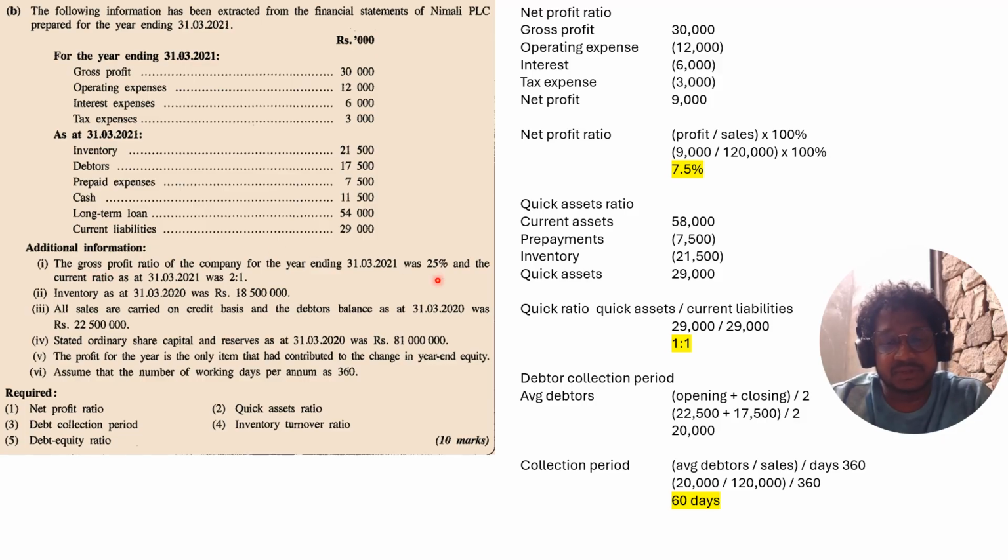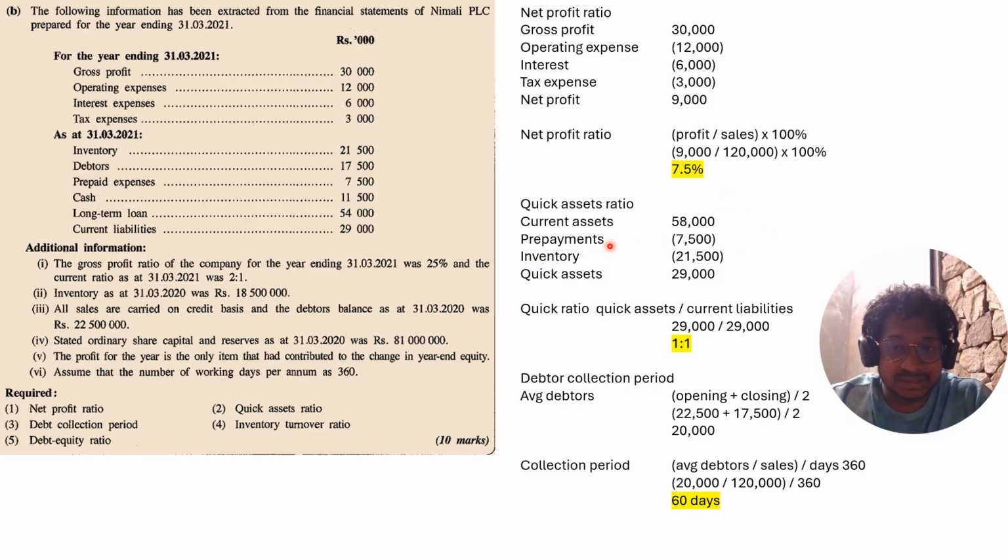So if the gross profit is 25%, your sales was 100%, right? So 30,000 is equal to 25%, so sales is equal to 100%. So your sales is 120,000. So net profit ratio 9,000 divided by 120,000 into 100%. So your net profit ratio is 7.5%.